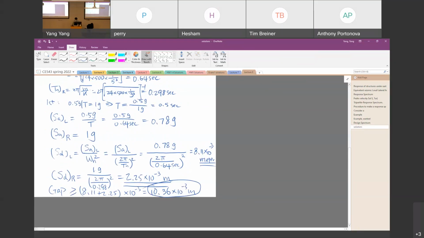So the gap of these two buildings should be about 1 centimeter, almost half an inch.